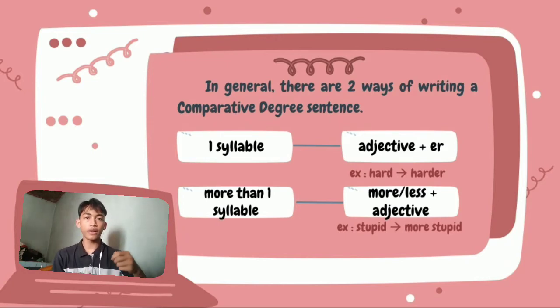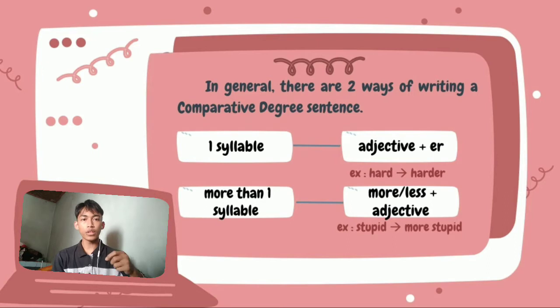As I explained earlier, there are only a few adjectives that can be added with ER. Then, what about another adjective with more than one syllable?